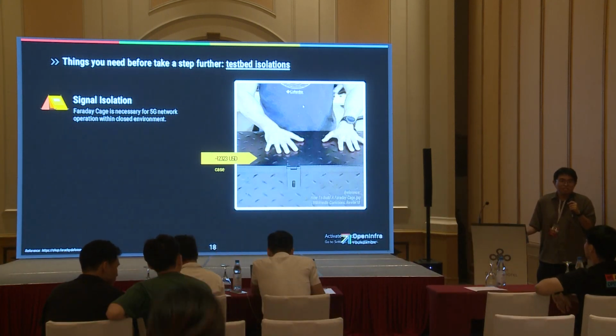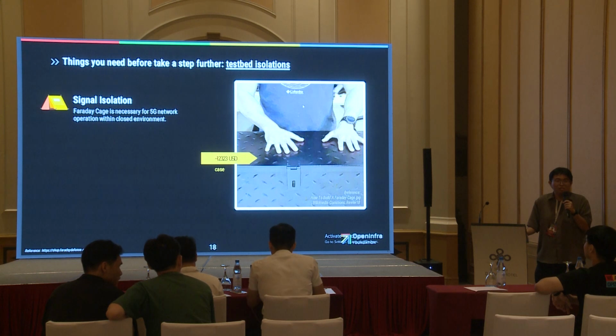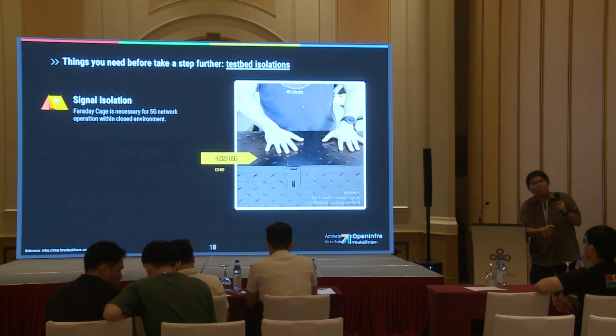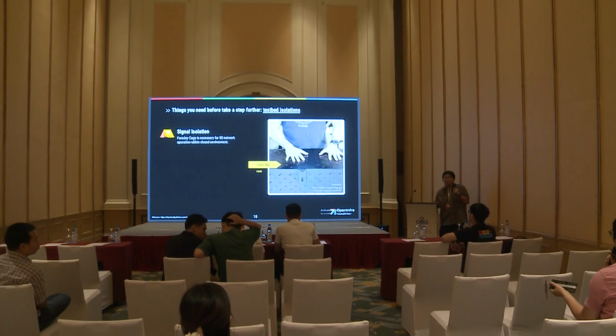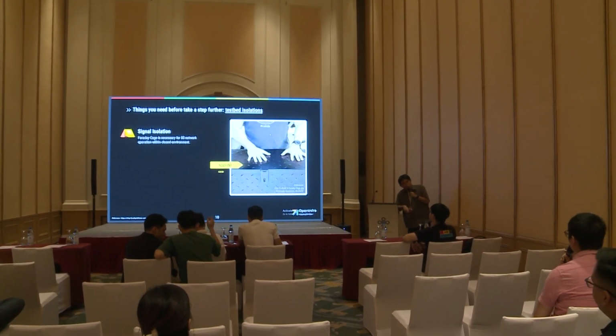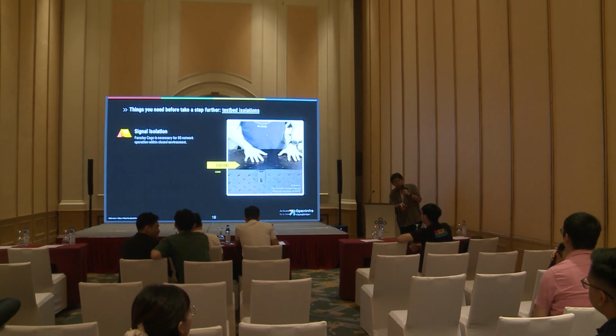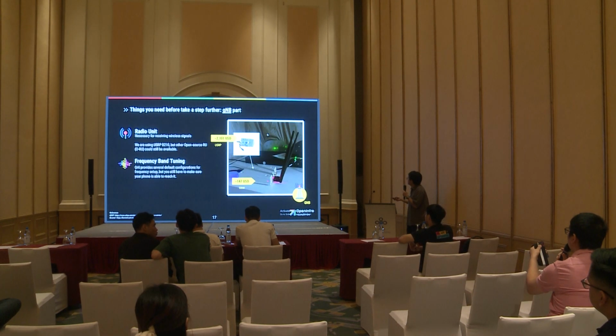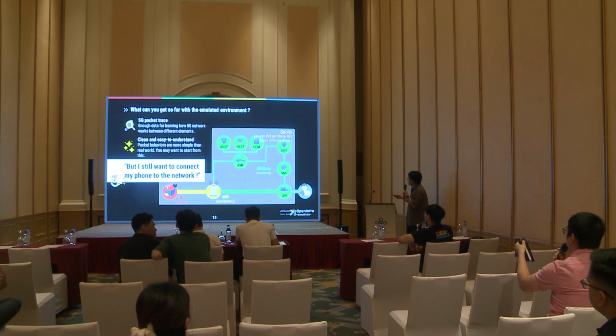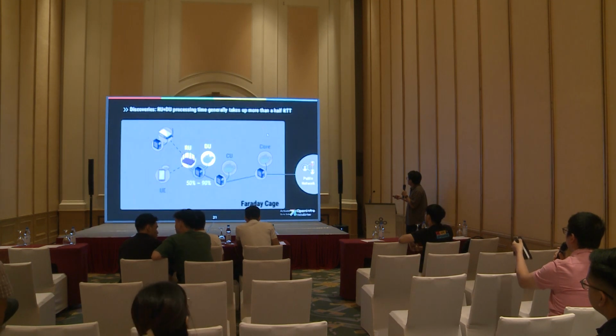Hello. I would like to ask, if I want to connect to a public network, do I need a document from the operator, or not? What do you mean by public network? The IP network. Can you show the later slide? The next to last, I think. Yes, this one.